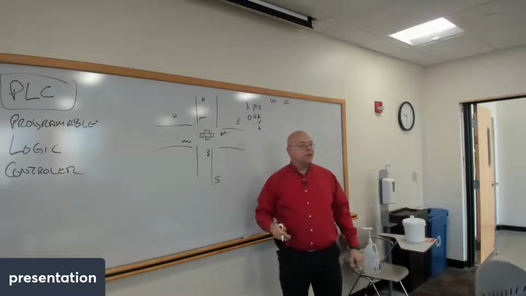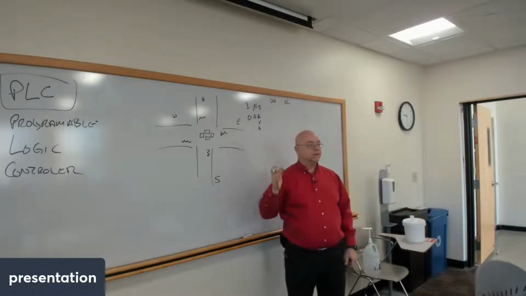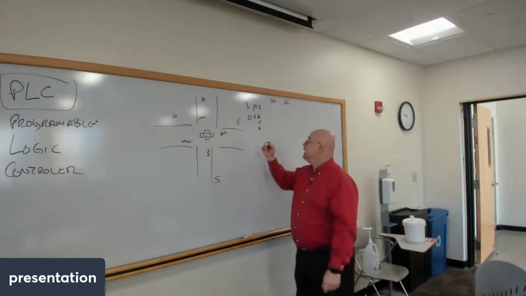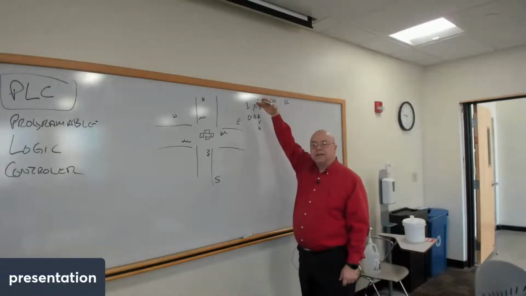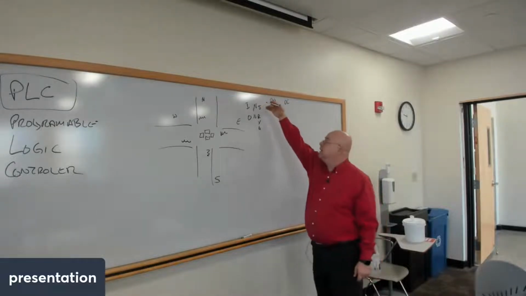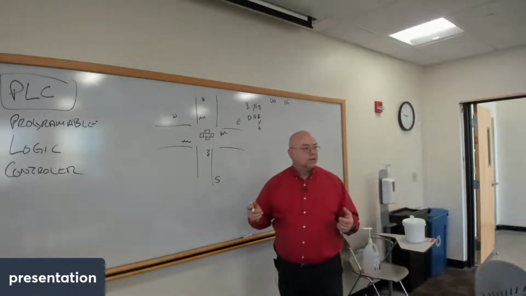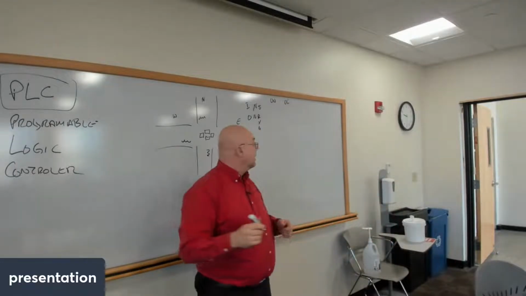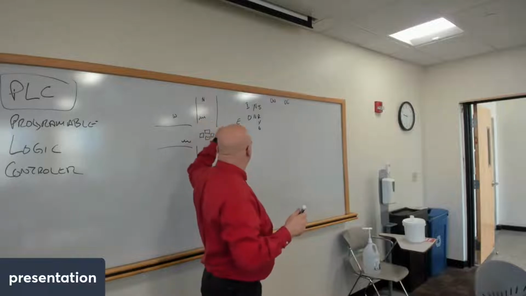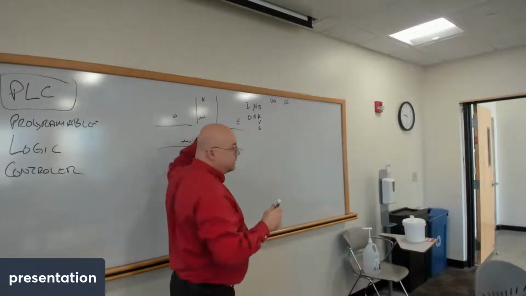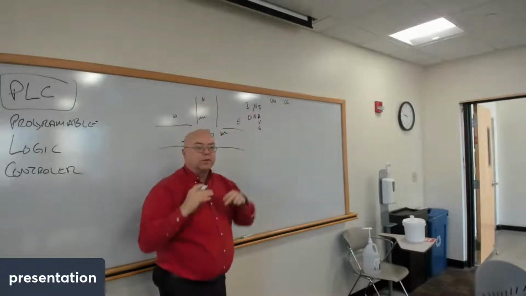So it's all binary, right? It's a 1 or a 0. So what it does is it checks the status of all of the inputs and all the outputs and puts it in its memory registry. So it says, all right, this sensor is on, this light is on, it remembers all those things.